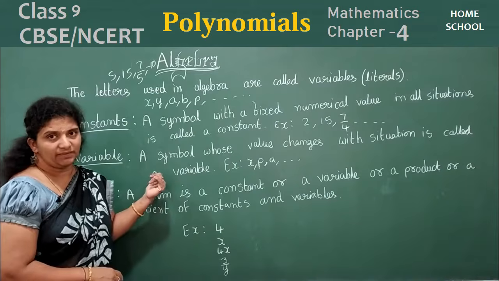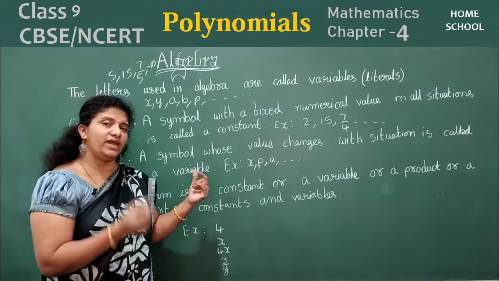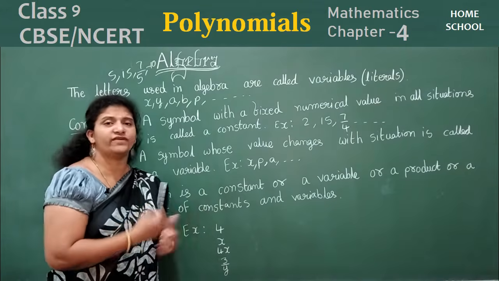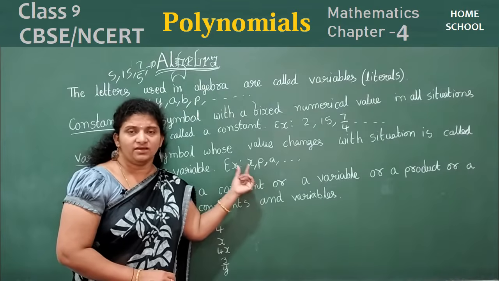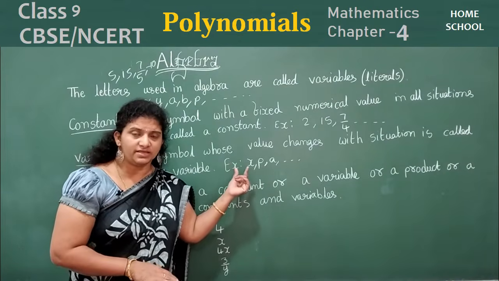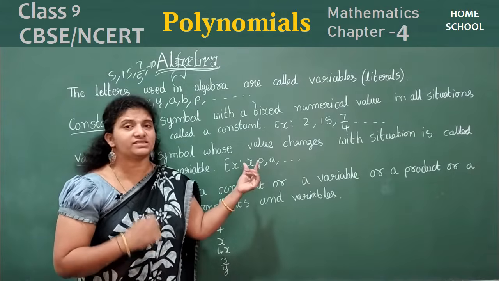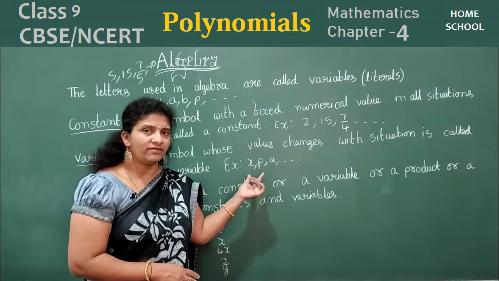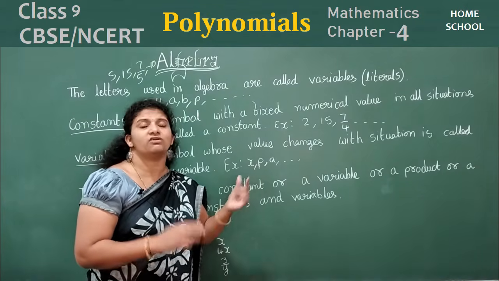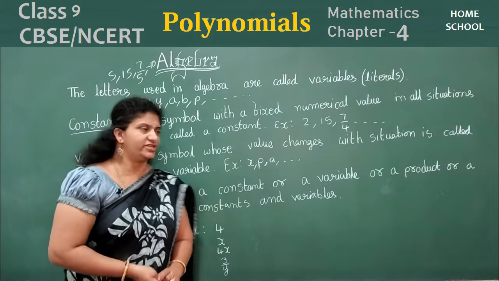Coming to your variables, the letters or symbols we use will be varying according to the situation. So it does not always have the same value. We call it x, but the x value will be changing. x is equal to 5, x is equal to 10. Sometimes x may be negative. This is what we are saying, meaning x value is always changing according to the situation.